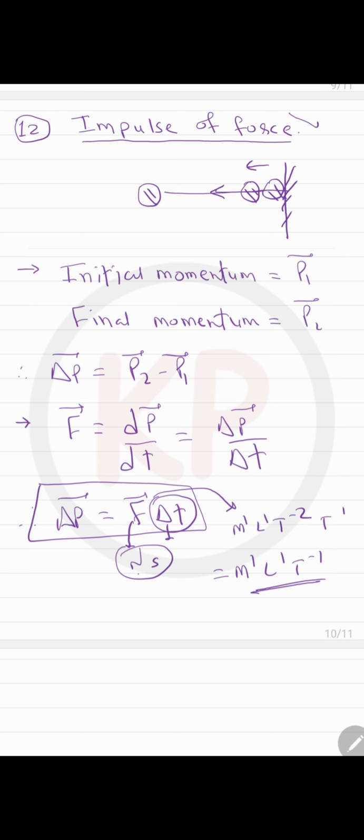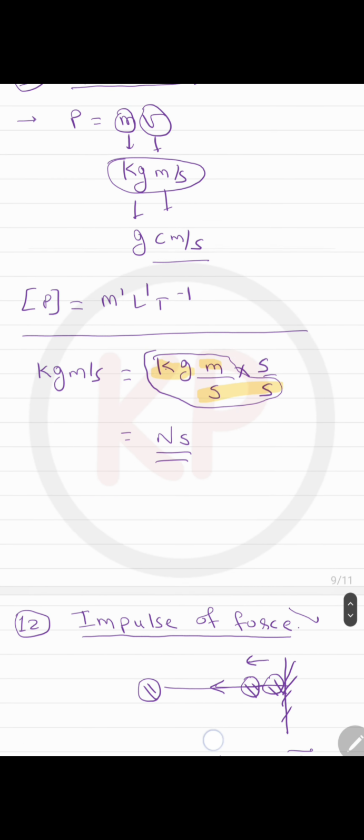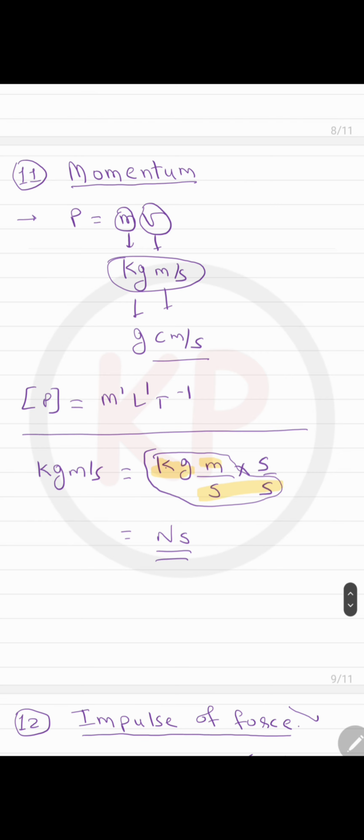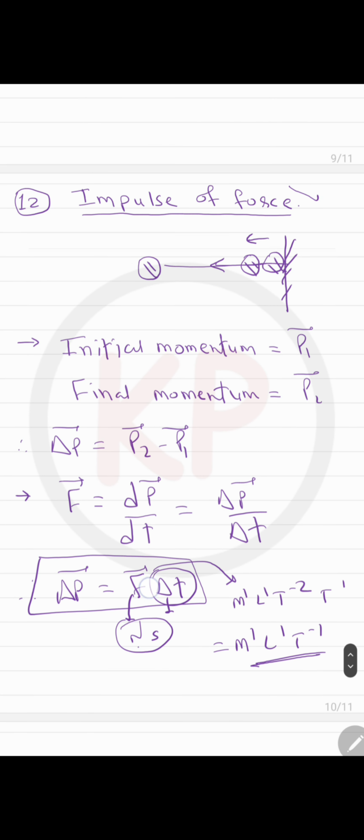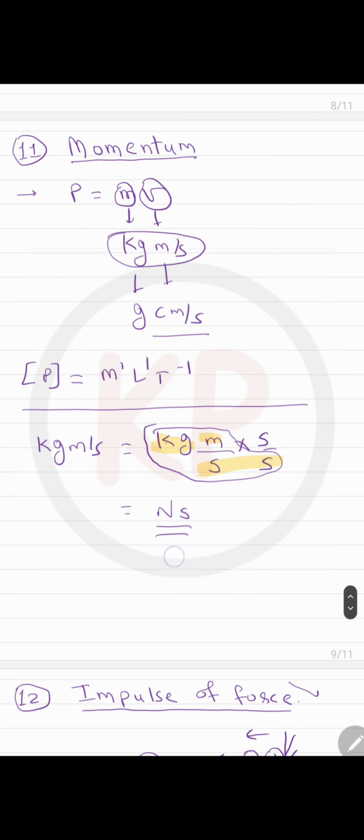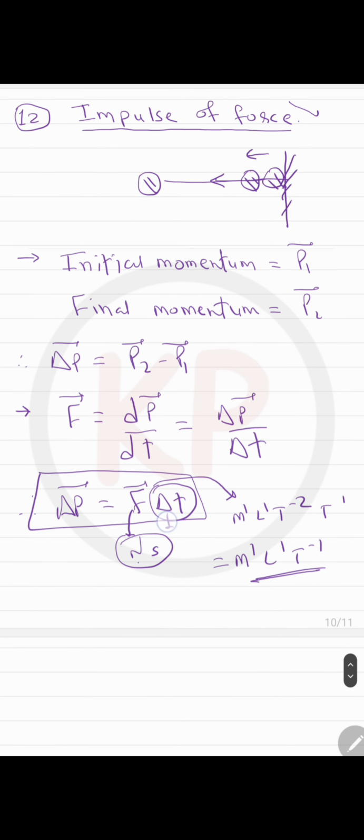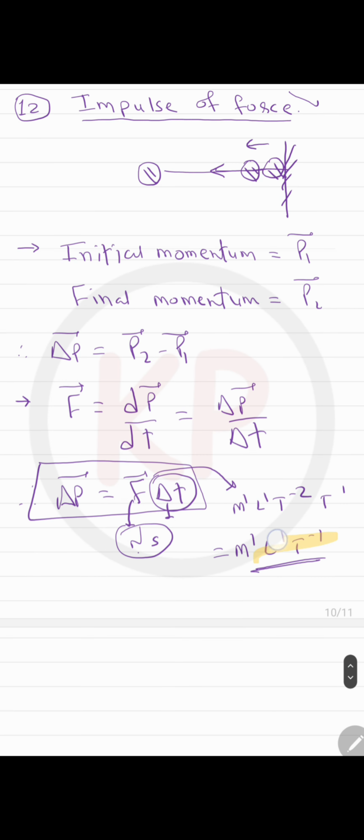So the dimensional formula of momentum is M1 L1 T minus 1, and the dimensional formula of impulse of force is also M1 L1 T minus 1. Both have the same unit and dimensional formula.